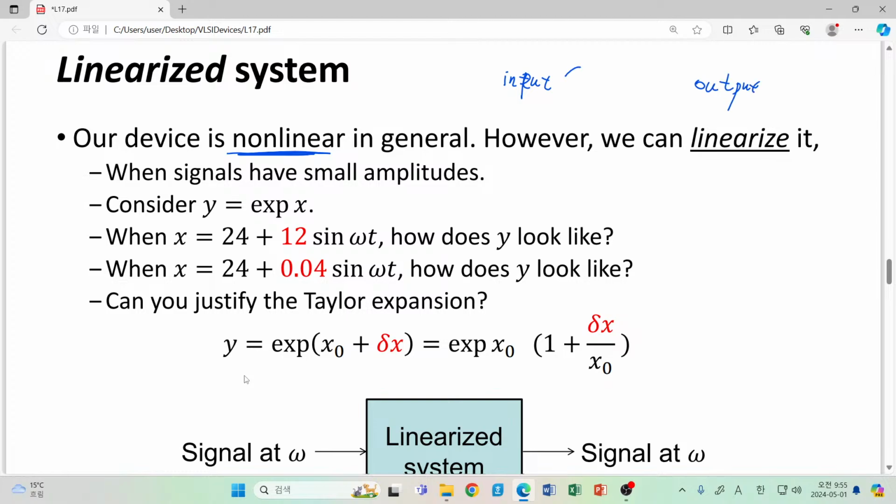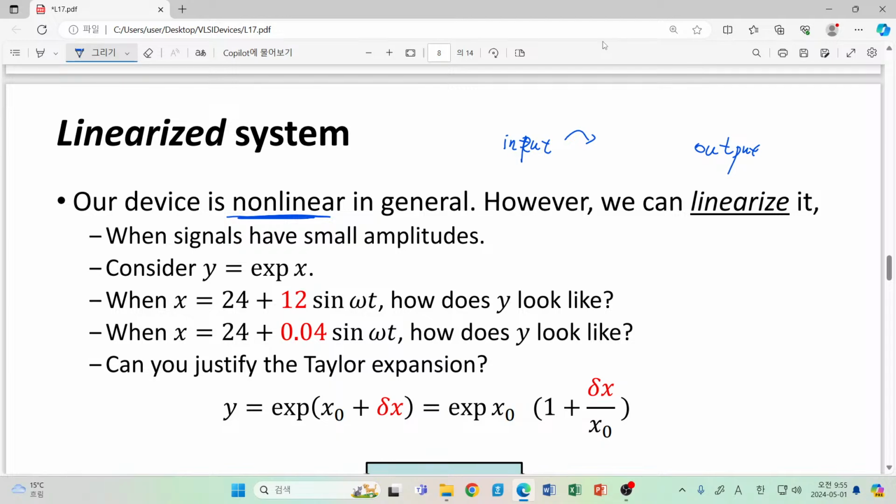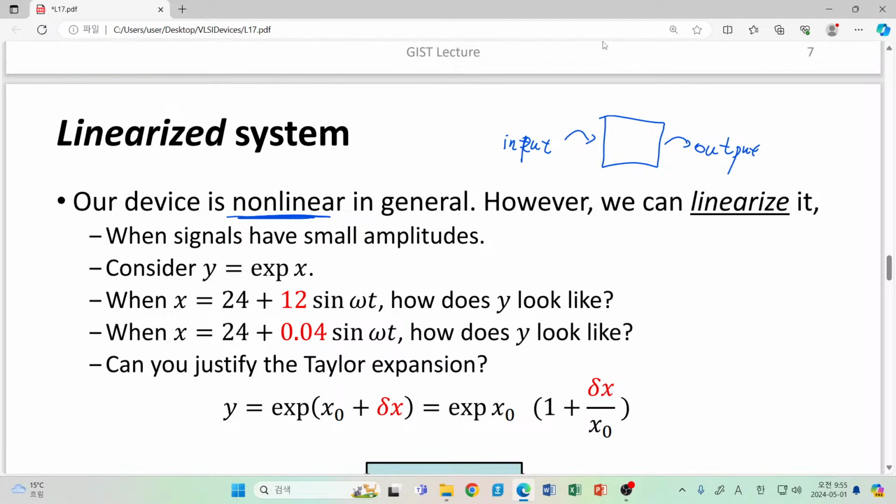When we insert the input variable into our system, it generates a certain output value. However, mathematically, the relation between input and output is in general a nonlinear function.